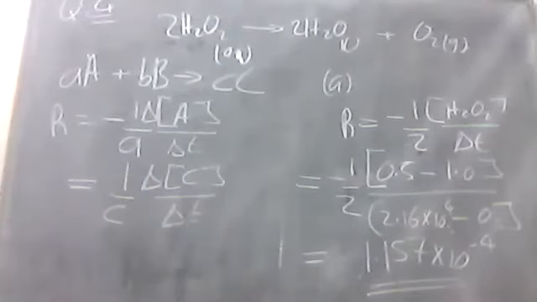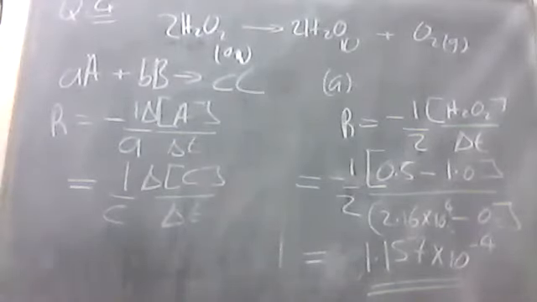The one should always be on top when you make the reference. But why is it 1/2 instead of 2? Why are we putting 1/2? It's a question to everyone.